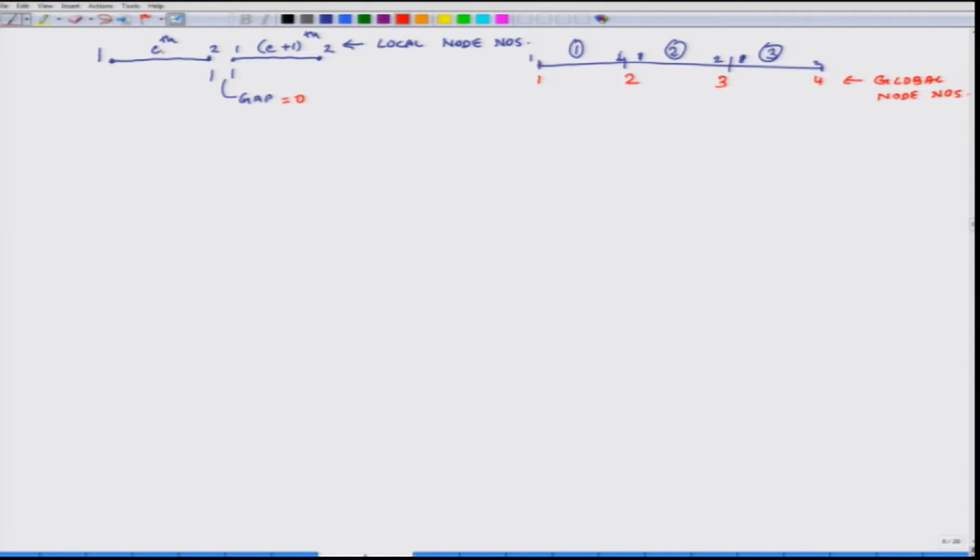Likewise, for the eth element, the global node number for the first node will be E, for the next one it will be E plus 1, and for this one it will be E plus 2. So these are global node numbers.